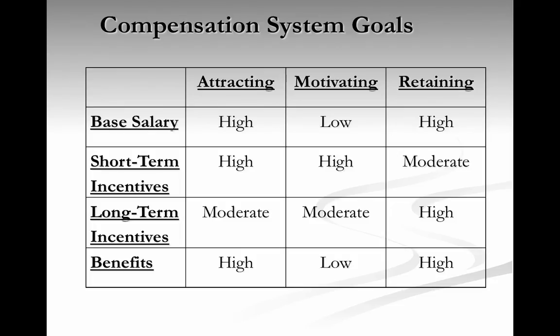So we use short-term incentives to attract people to the organization, to get them motivated to work on a daily basis, but we use our long-term incentives, things like employee stock plans and also investment in profit sharing and things like that.